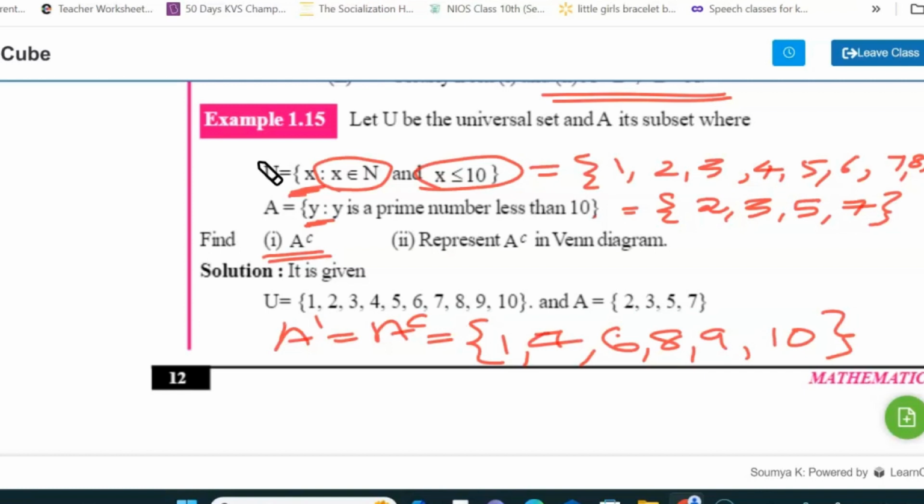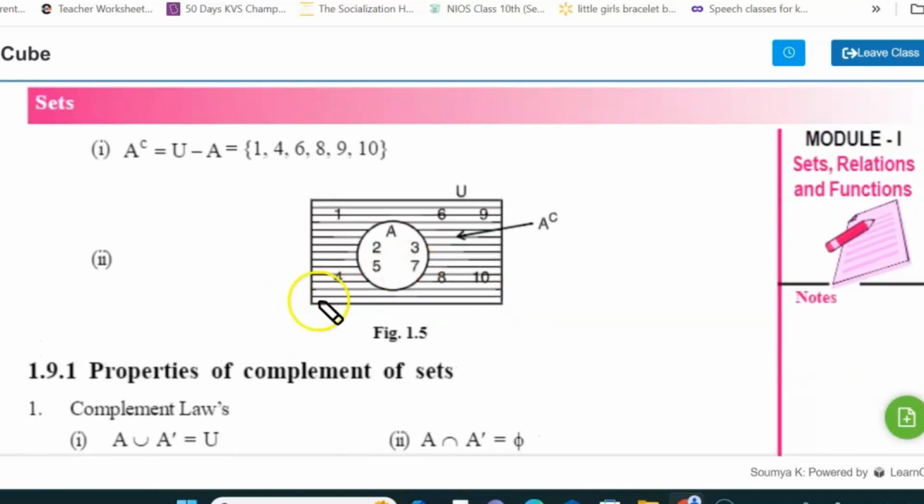These are the complement of A. Then you have to represent this in the Venn diagram form. 2, 3, 5, 7 are prime numbers and other elements will be scattered in the universal set. So this is the representation of your Venn diagram.